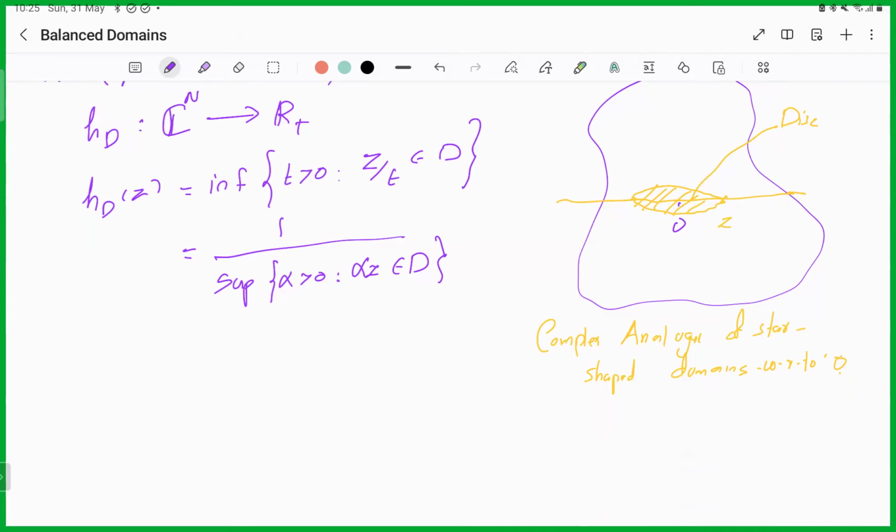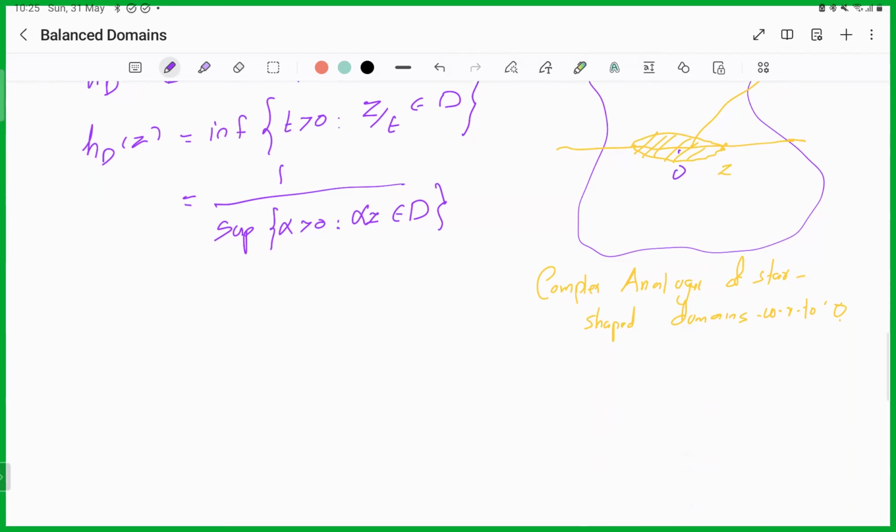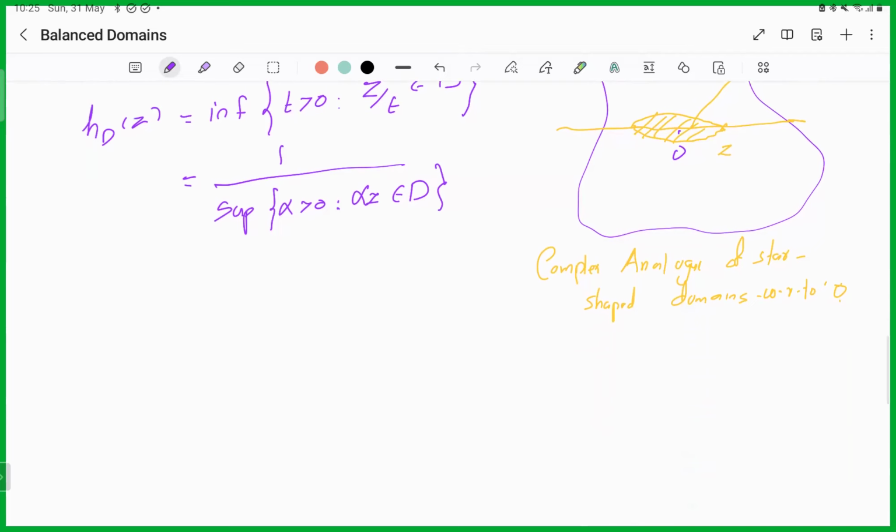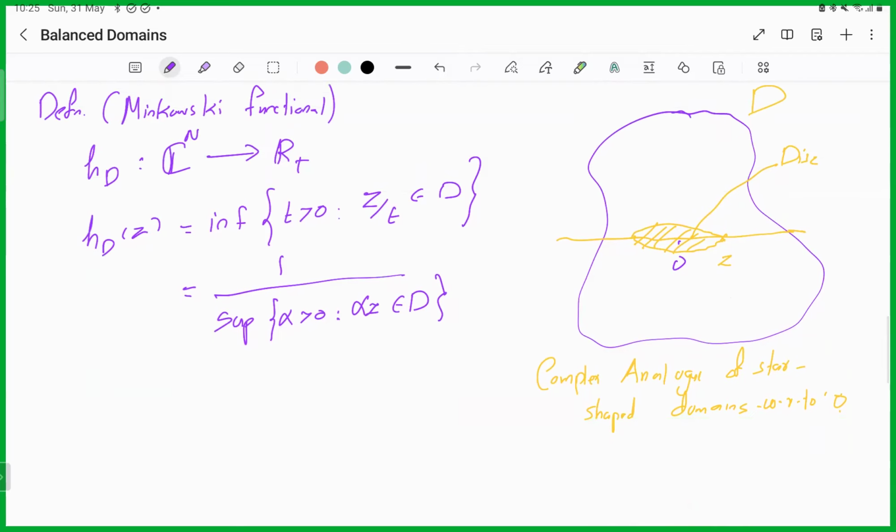What does the Minkowski function mean? We take a balanced domain D, and I take a point z. Instead, we need to take, not in D itself, any point in Cn. I take z. And this Minkowski functional h_D measures the reciprocal of the maximum dilation.